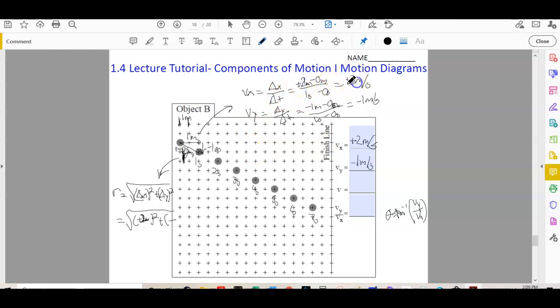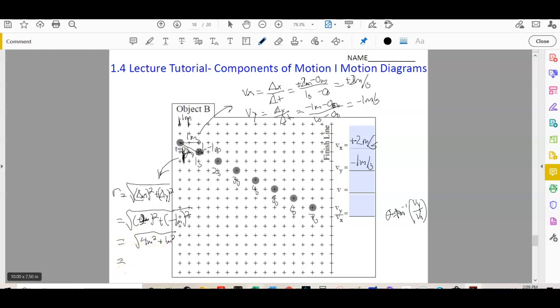I'm sorry. Those should be 2's. I apologize. So it'll be positive 2 meters squared minus 1 meter squared. Okay, so that's a total of 2 squared, so that's going to be 4 meters squared plus 1 meter squared.